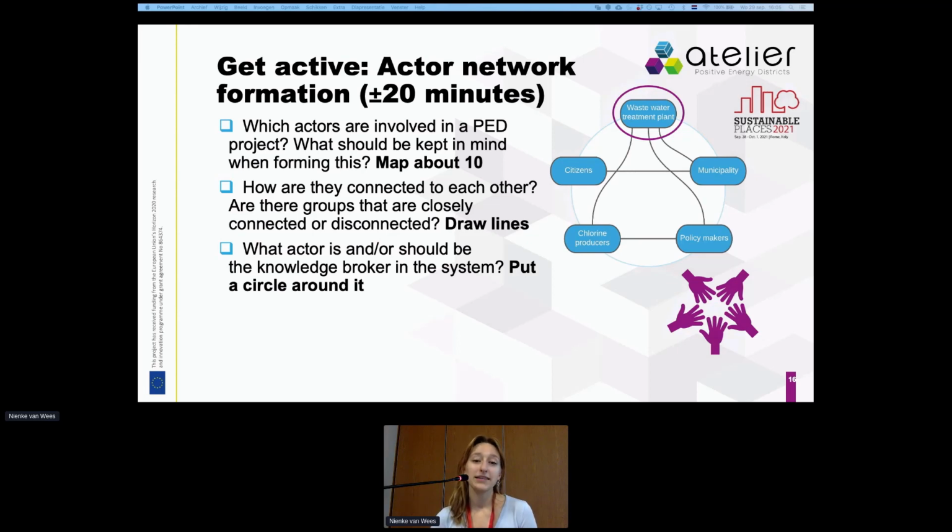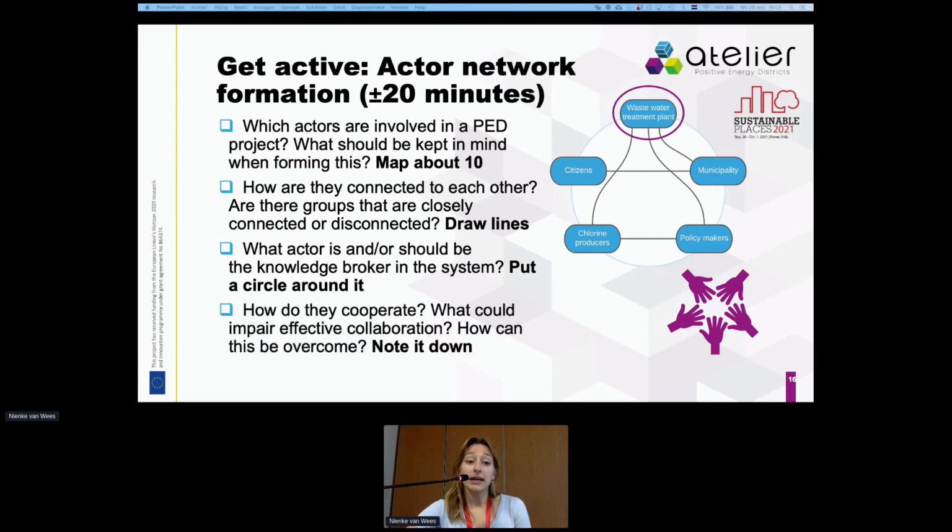You can put a circle around it and see if the knowledge broker can be identified as the actor that has the most connections. Here it's the wastewater treatment plant with 3 connections. Do we also want that actor to be the knowledge broker, or do we want it to be the municipality? You can think about that.